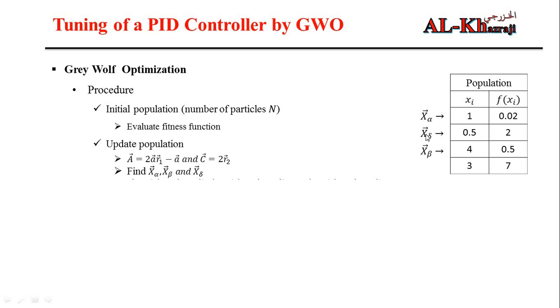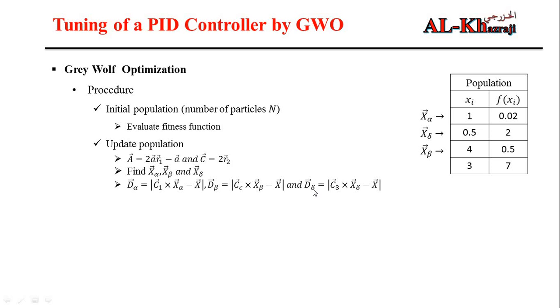After we find x alpha, x beta, and x delta, we have to find the vector D. So for D alpha, we just use C1, and x alpha, which we already found, and x, which is our current position. And in the same way, we find D for beta and D for delta.